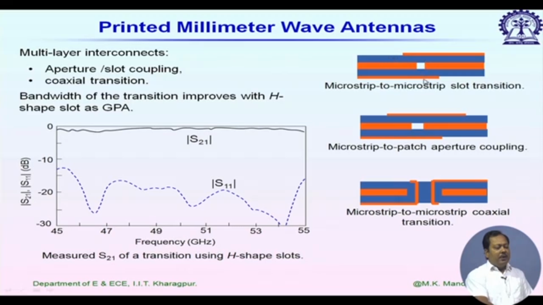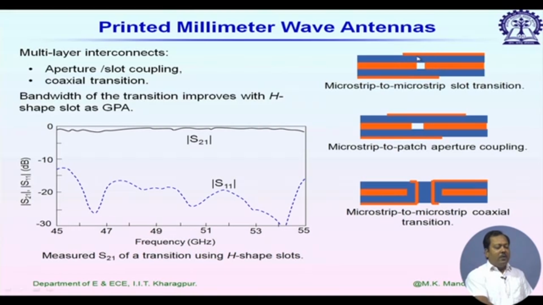You can see the feed network microstrip line is designed on the bottommost plane, and on the topmost plane it can be the radiating patch. In between we have a thick brass plate, and now we can design that GPA or ground plane aperture to couple power from the microstrip line to the patch.